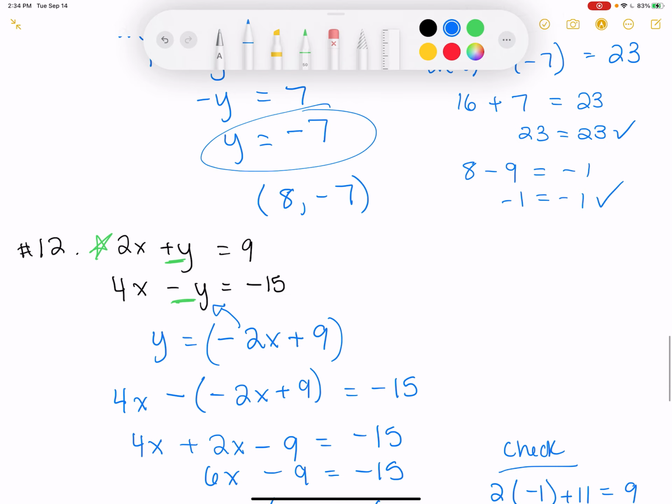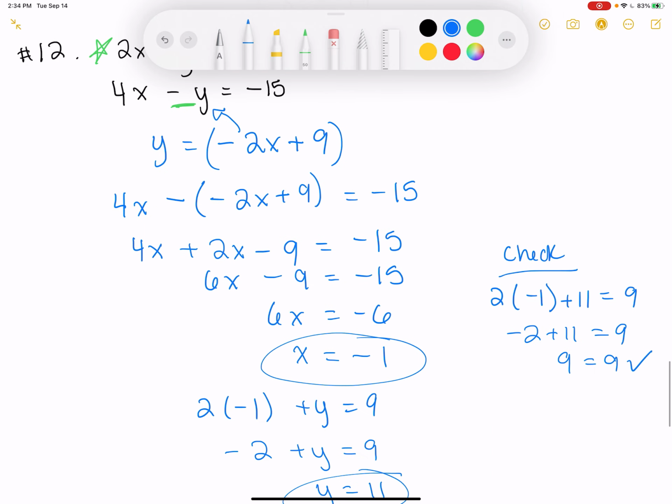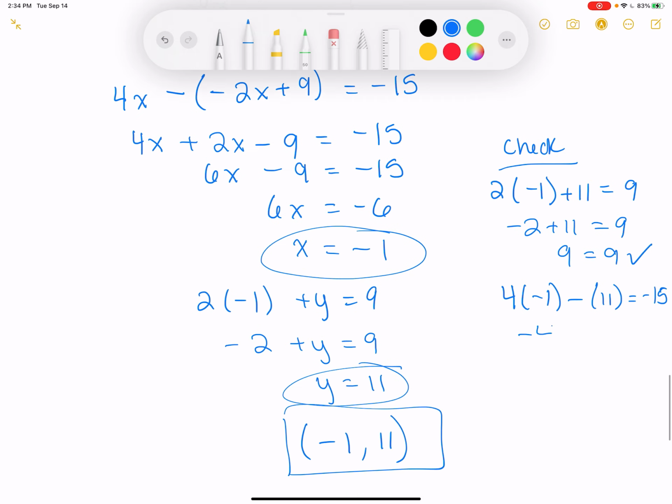And then the other one is the 4x minus y equals negative 15. So 4 times negative 1 minus 11 equals negative 15. Negative 4 minus 11 equals negative 15. Negative 15 equals negative 15. And that works.